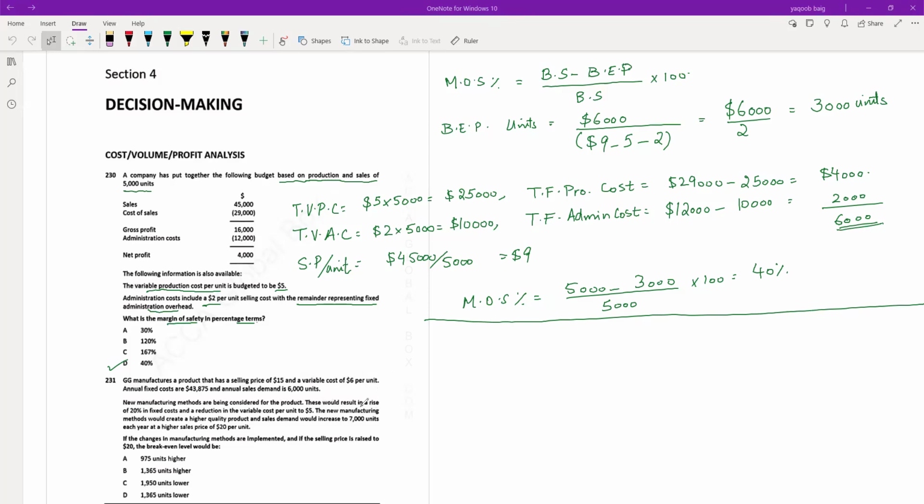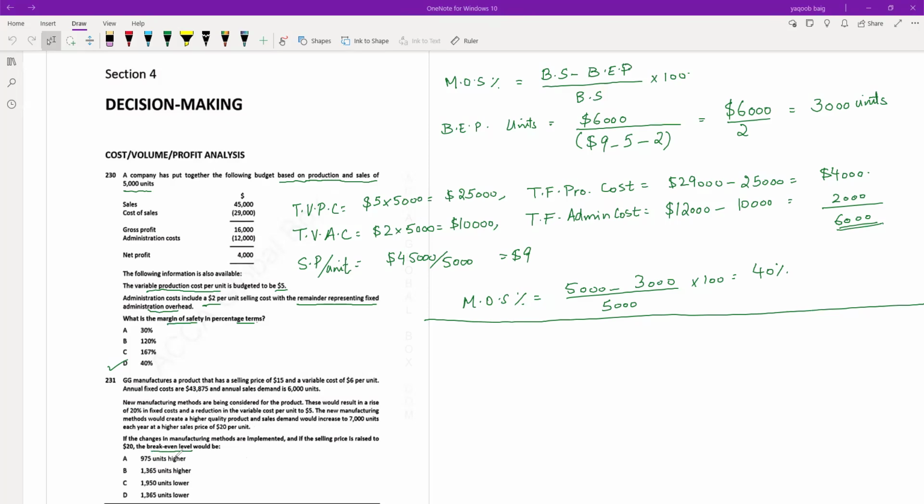These would result in a rise of 20% in the fixed cost and the reduction in variable cost per unit to $5. New manufacturing methods would create a higher quality product and sales demand would increase to 7,000 units each year at a higher selling price of $20 per unit.